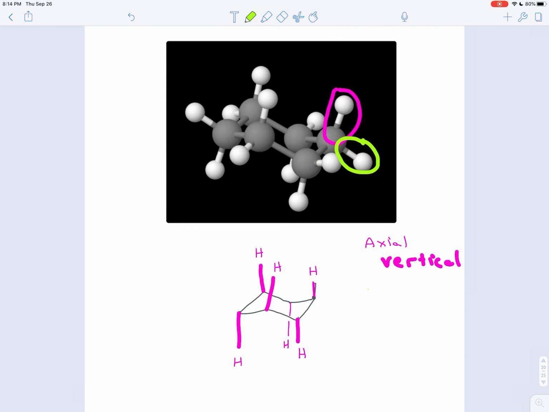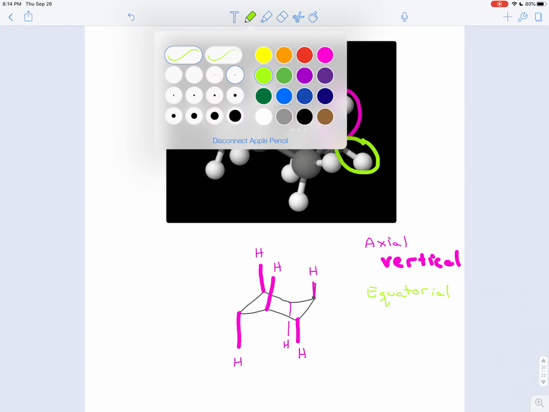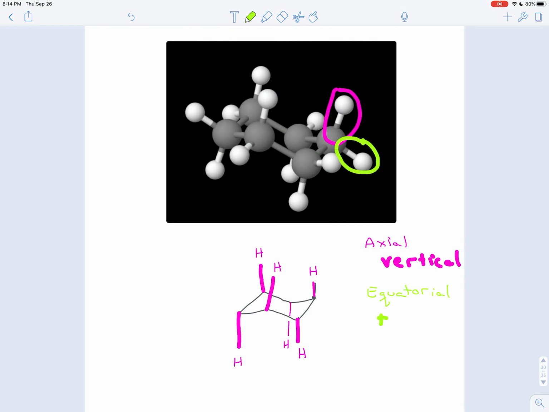Equatorial means it's pointing a little bit to the side. So, if the axial is going up, the equatorial is going a little bit down. And because it's equatorial, it goes to the side.